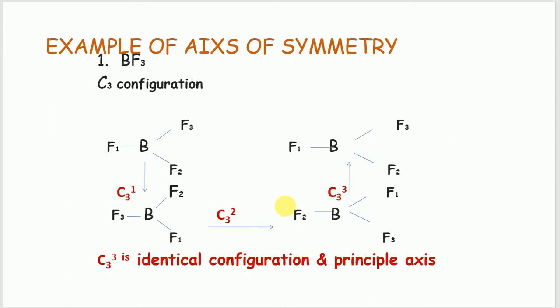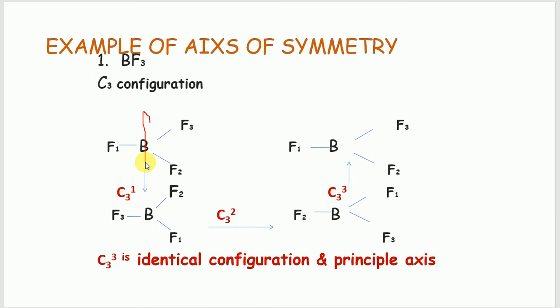In the BF3 molecule, which is a planar molecule, it has a C3 axis. Which axis is the C3 axis? This is the axis. How is it a C3 axis?